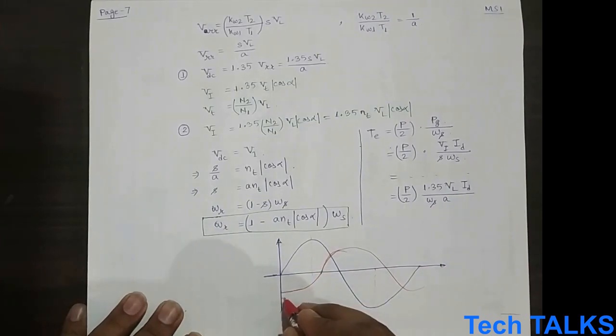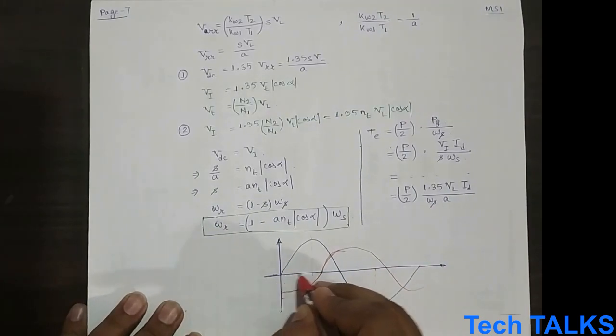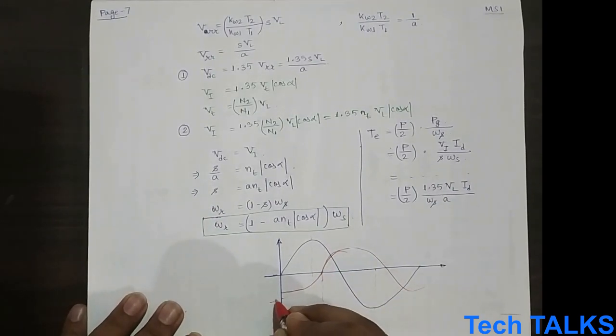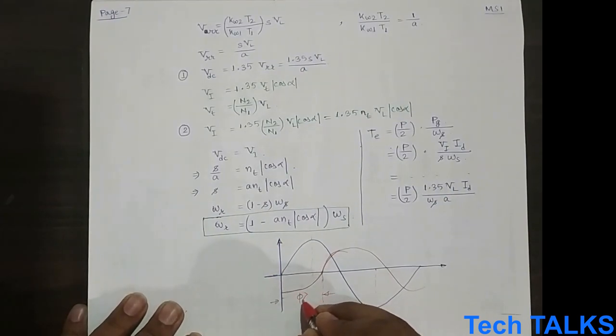Anyhow, the diagram is not so symmetric. So this angle will be phi, and this will be more than 90 degree.